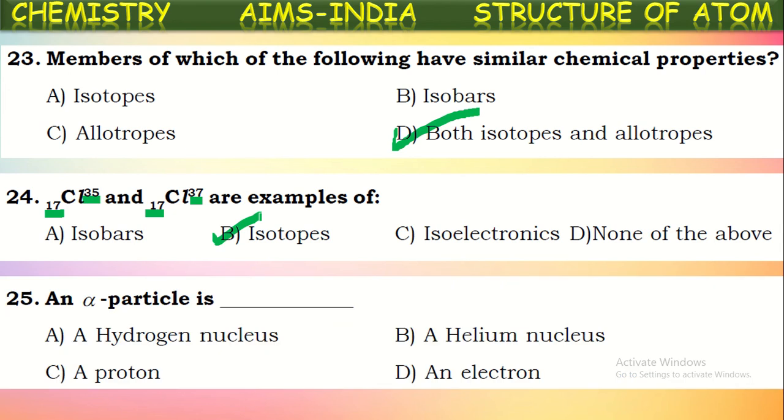Next one, an alpha particle is. What is an alpha particle we told here? An alpha particle is a bunch of two protons and two neutrons. So it is similar to the helium nucleus, because we know a helium atom has two electrons, two protons and two neutrons, isn't it?